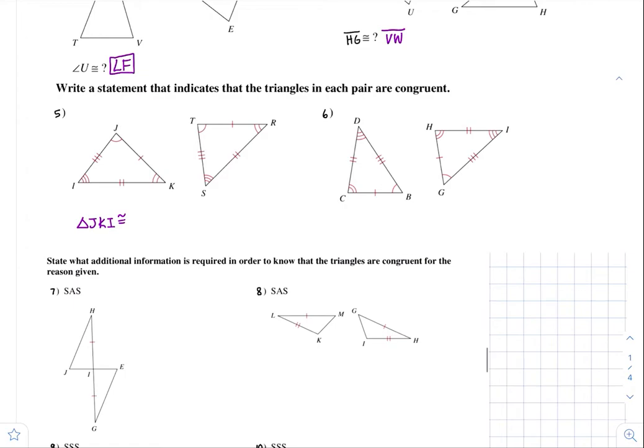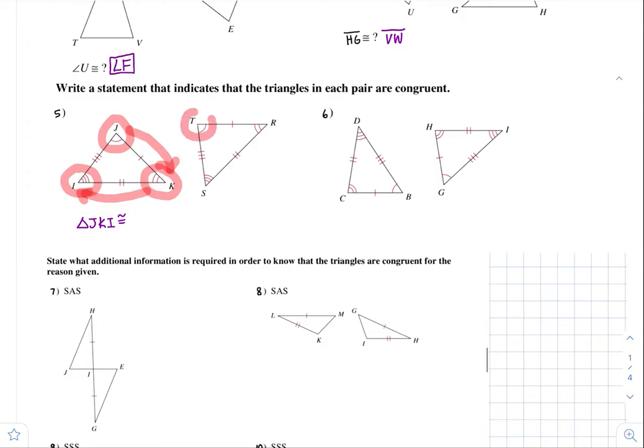If you look at J, notice angle J has one arc, and then I'm going to K, which has two arcs, and then I'm going to I, which has three arcs. So for the other triangle, which one has the one arc?